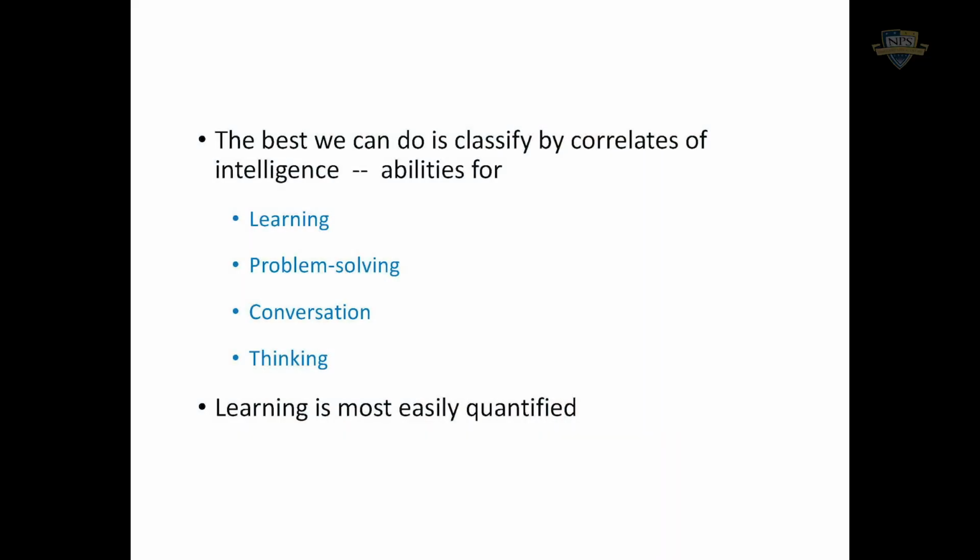Another aspect of intelligence is thinking. Of course, we get into long arguments with people about what exactly is meant by thinking, but if it appears to us that a machine is thinking, we're more likely to ascribe intelligence to it. So what we have here is a number of characteristics that we associate with intelligence, and the more of those characteristics that a machine or even a person exhibits, the more likely people are to say that's intelligent.